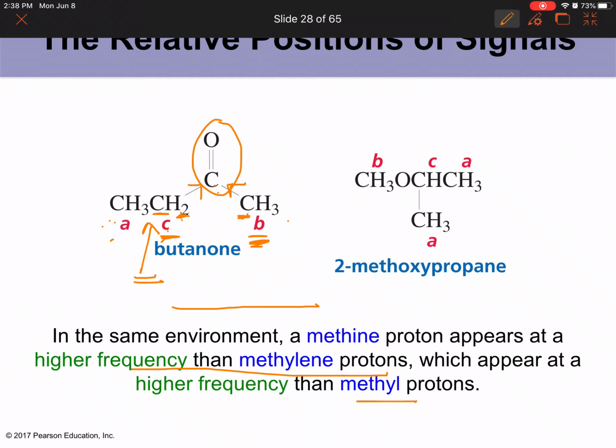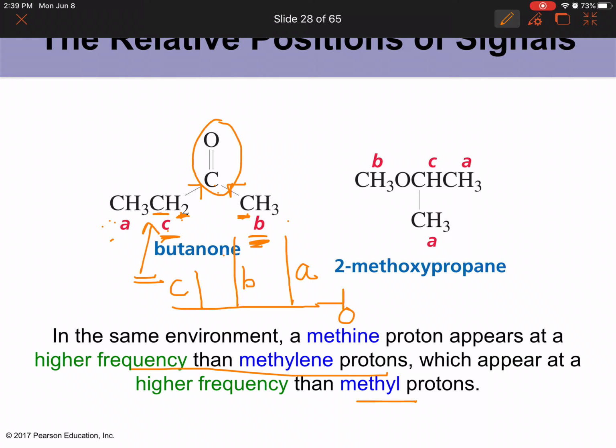So if you draw the NMR spectrum as A, B, C, C would be this one, and then B would be this one, and A would be this one, and if this is 0, A is closer to 0, and then B, and then C. C would be the most deshielded hydrogen atoms, 3 signals.